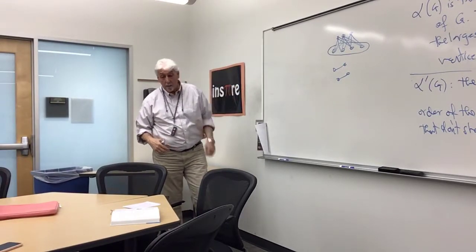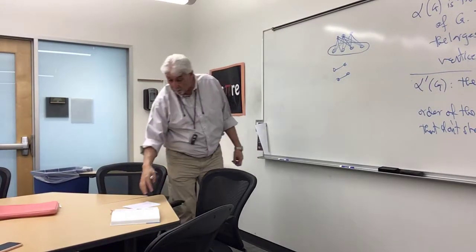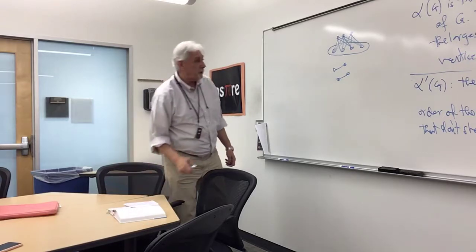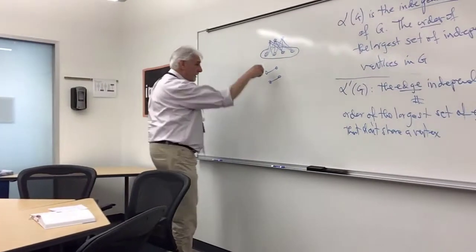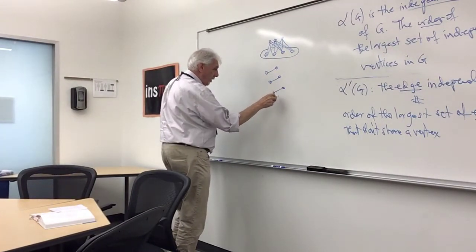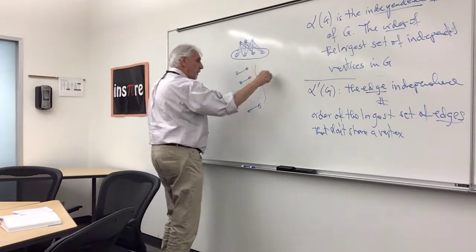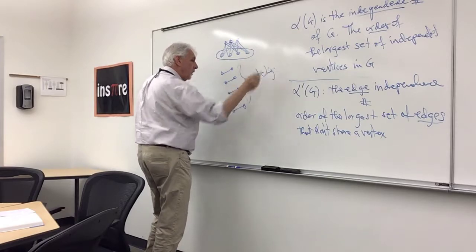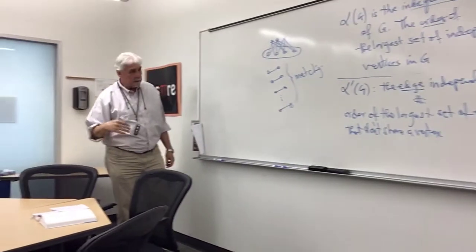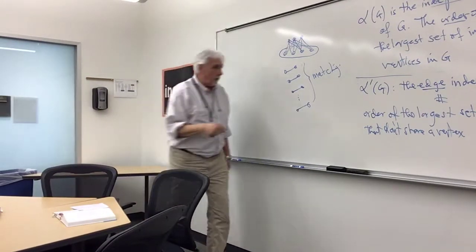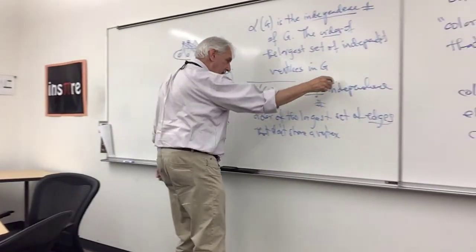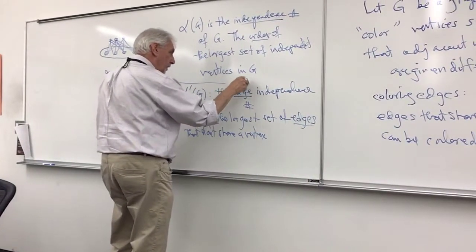He calls this the matching number. He calls a set of what I would call independent edges a matching. Edge independence number, they call it the matching number.